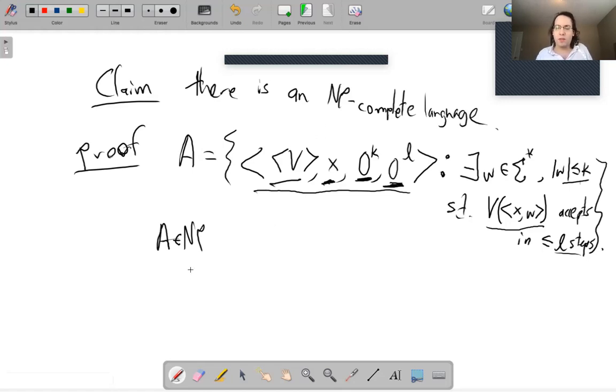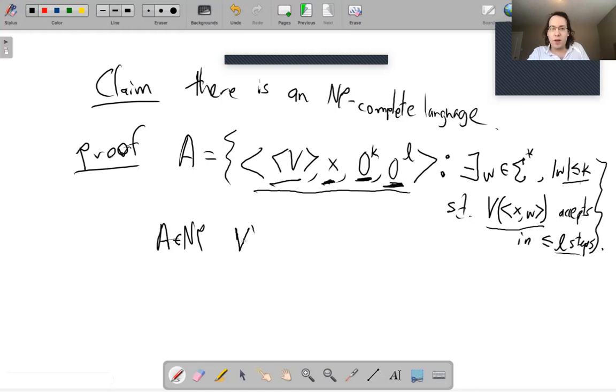Well, because we can find, for example, a polynomial time verifier, right? What is a polynomial time verifier? So let's define this. The verifier will be, let's call this V prime.